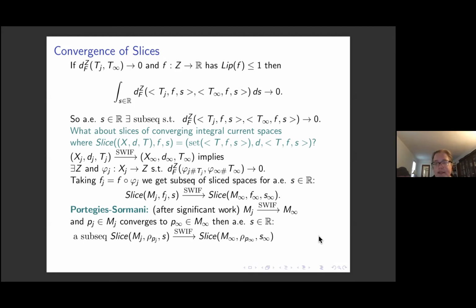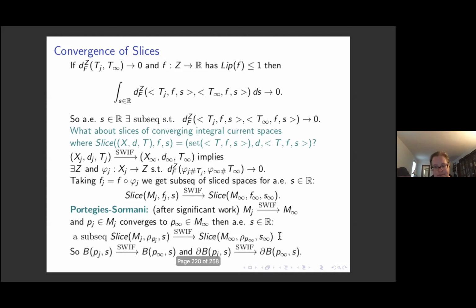So in order to complete this proof, we actually have to also integrate over changes in which function is doing the slicing. This is the key step in the proof that balls converge. So balls Swift converge and boundaries of balls Swift converge. Again, almost every S.